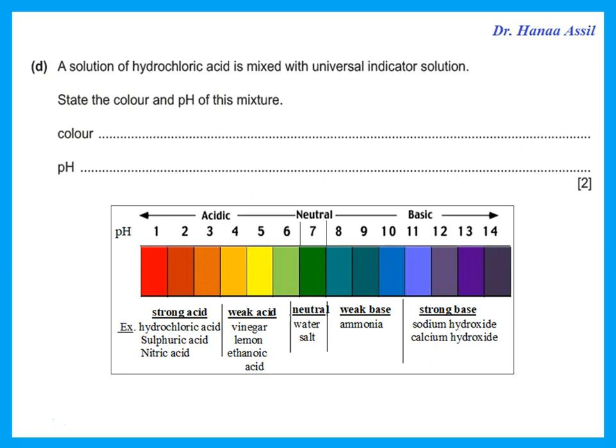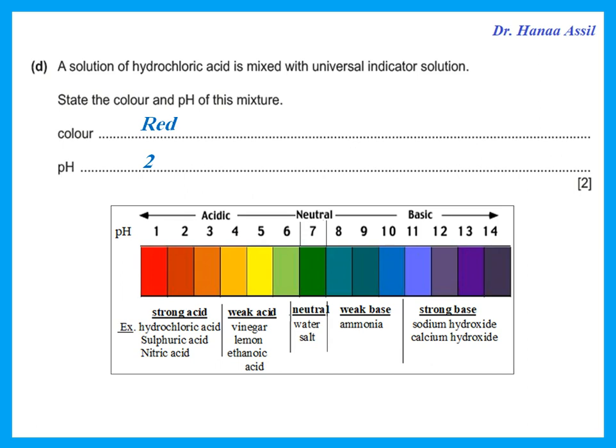And you should realize that hydrochloric acid is a strong acid, so the universal indicator will turn red, and that is because the pH you could write 1 or 2 or 3. Strong acid has pH 1 or 2 or 3.